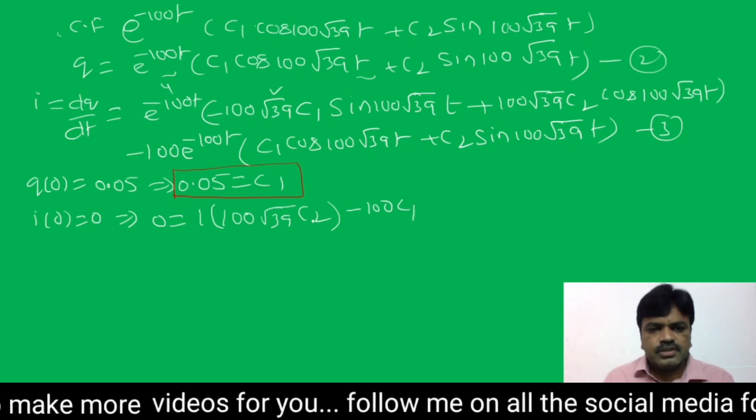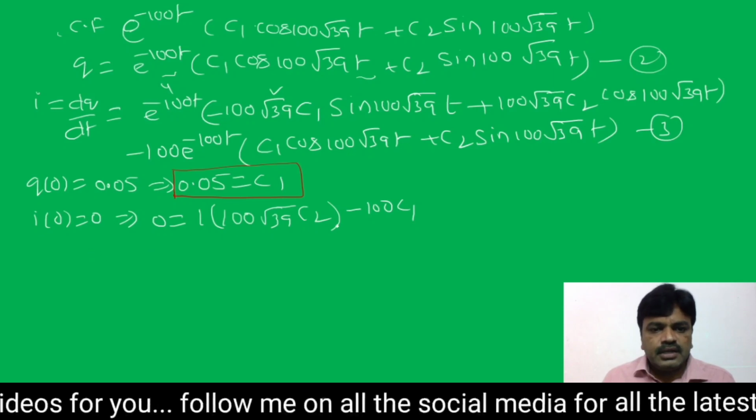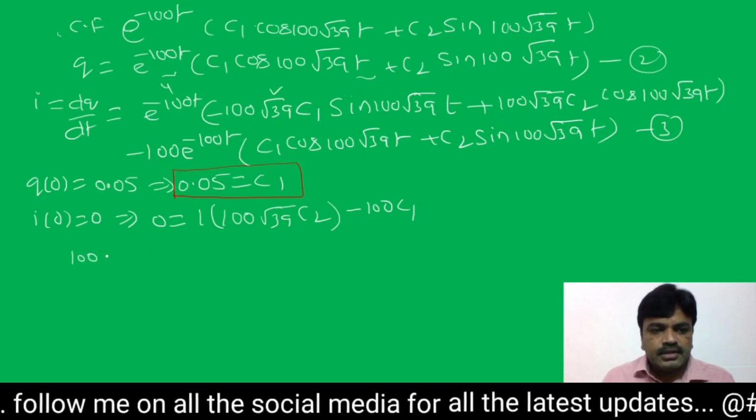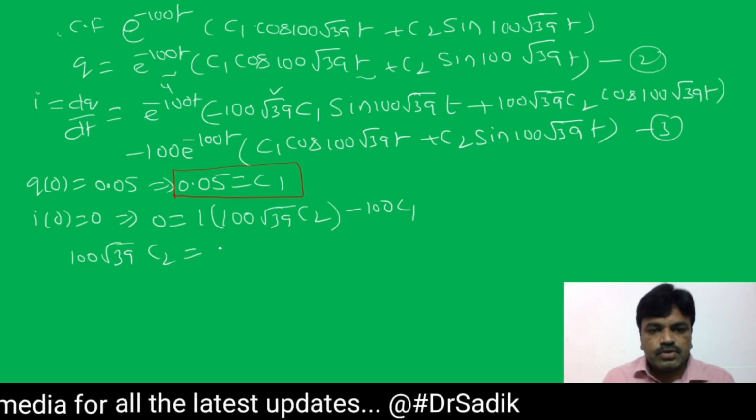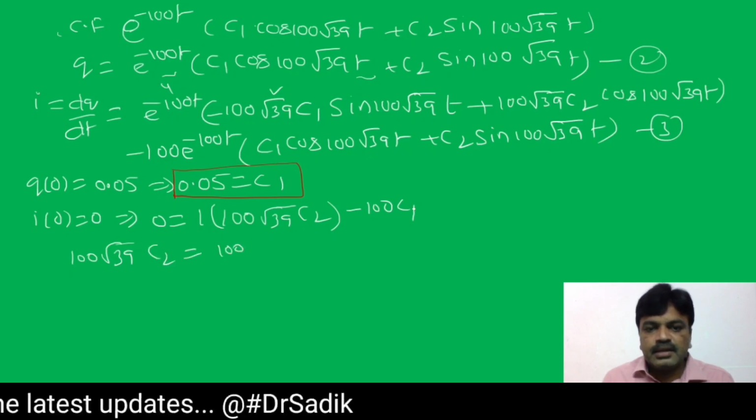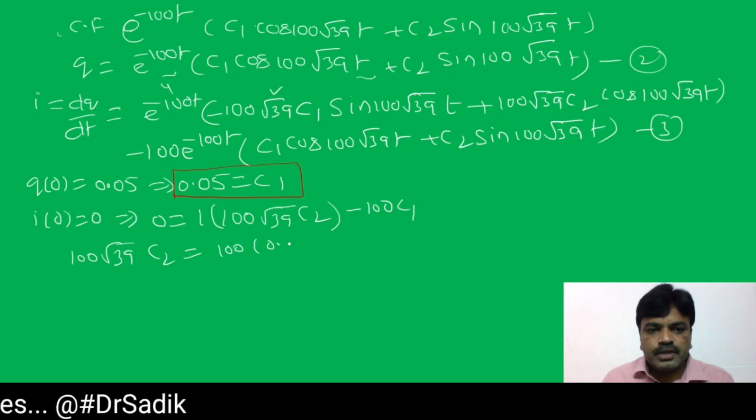So 100 root 39 c2 is equal to 100 c1 value. c1 value is 0.05.